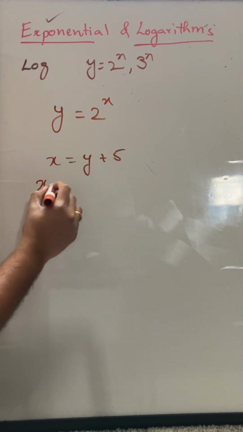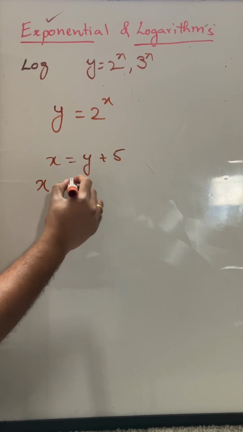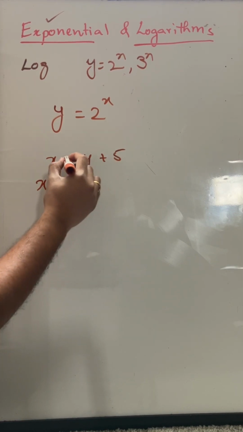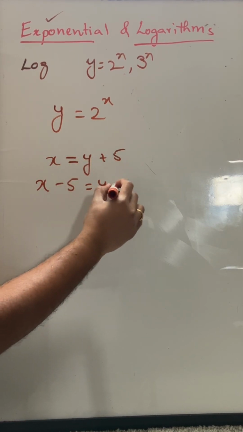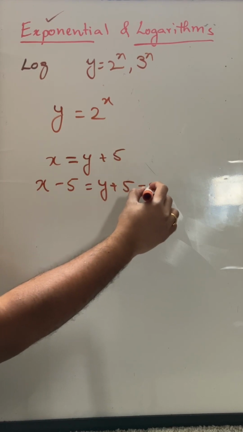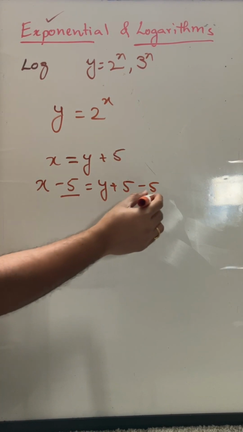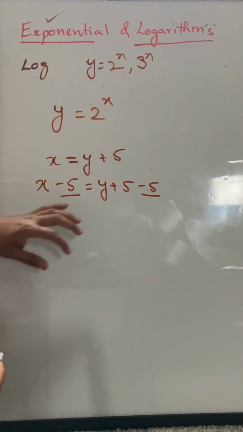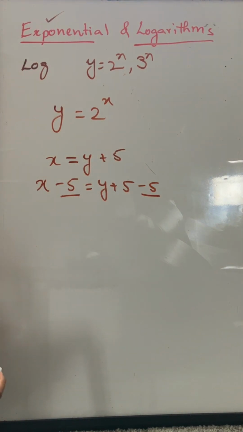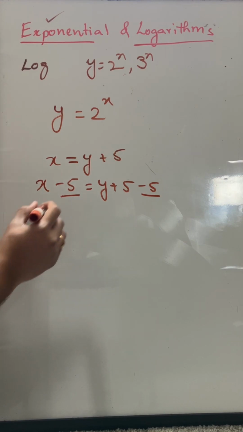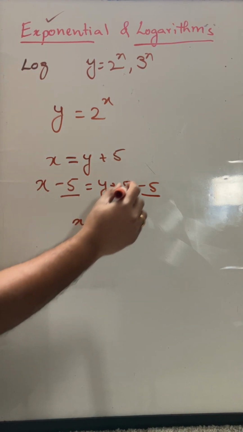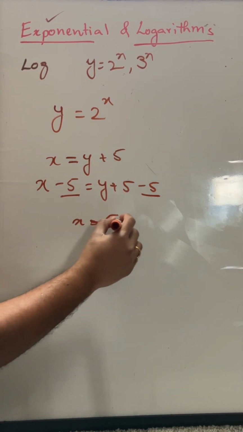I subtracted 5 on the left side of the equals, and I can subtract 5 from the right side too. So I can do this, right? And it will become x minus 5 equal to y.